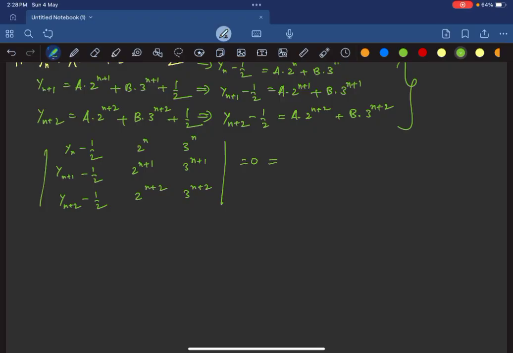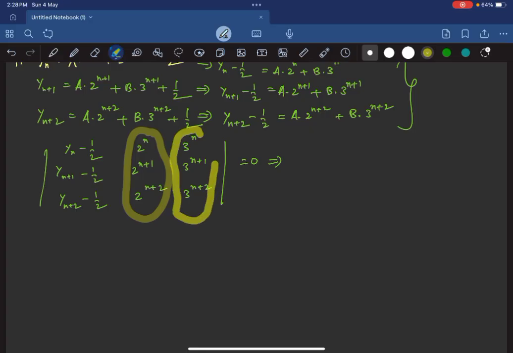Now for simplification, from the second and third columns you can take 2 power n and 3 power n common respectively.